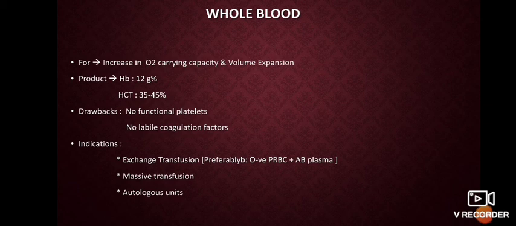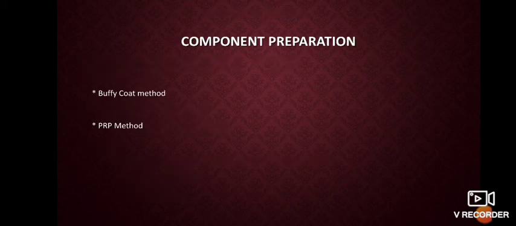The indications are exchange transfusion, preferably we use O negative PRBCs being reconstituted with AB plasma, and then we use whole blood in cases of massive transfusions and in case of autologous units.